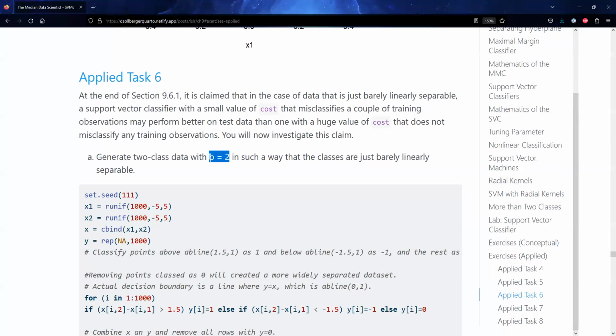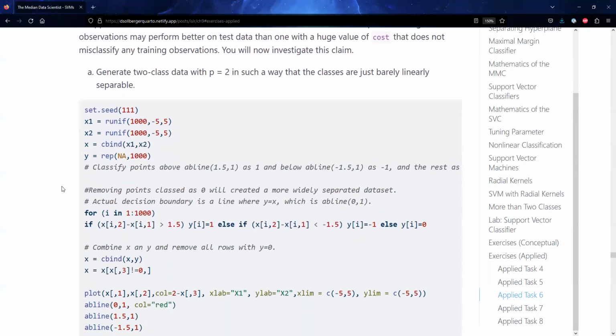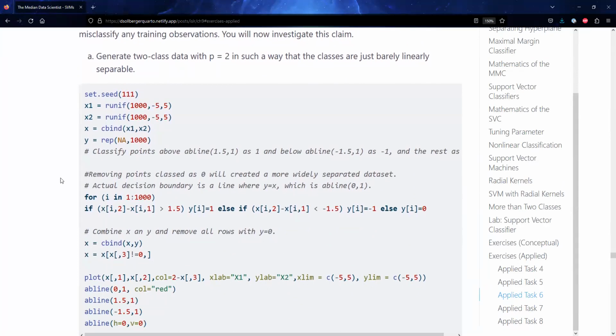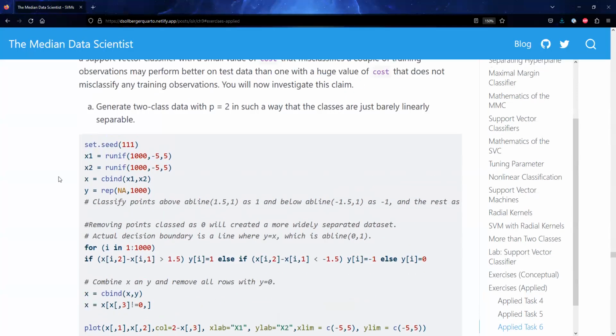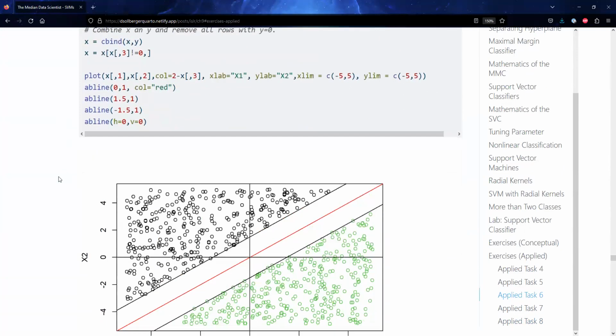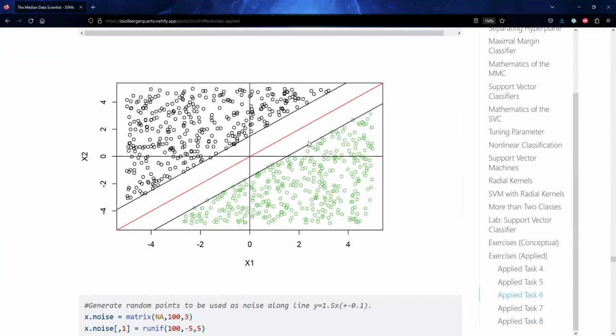Synthetic data in 2 dimensions. And what that person did was create this separable set of synthetic data where we do have an obvious margin between them.